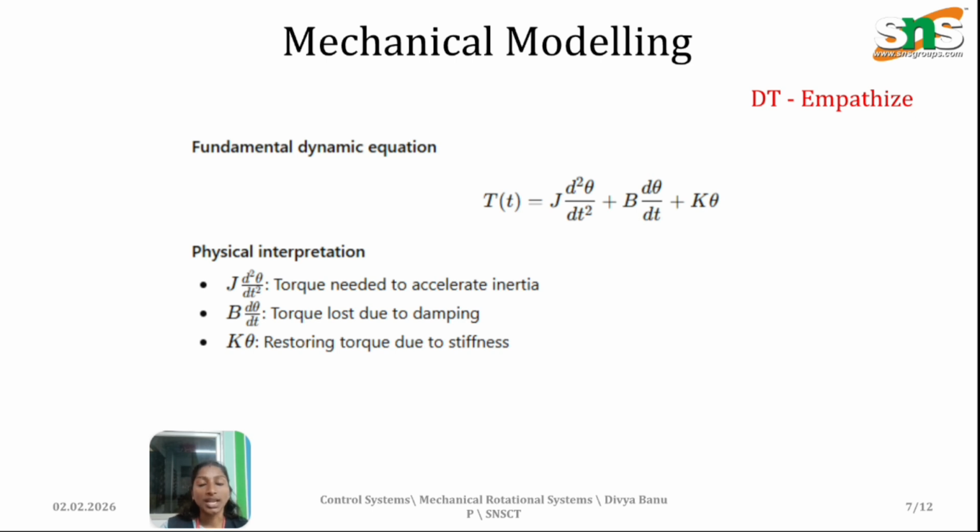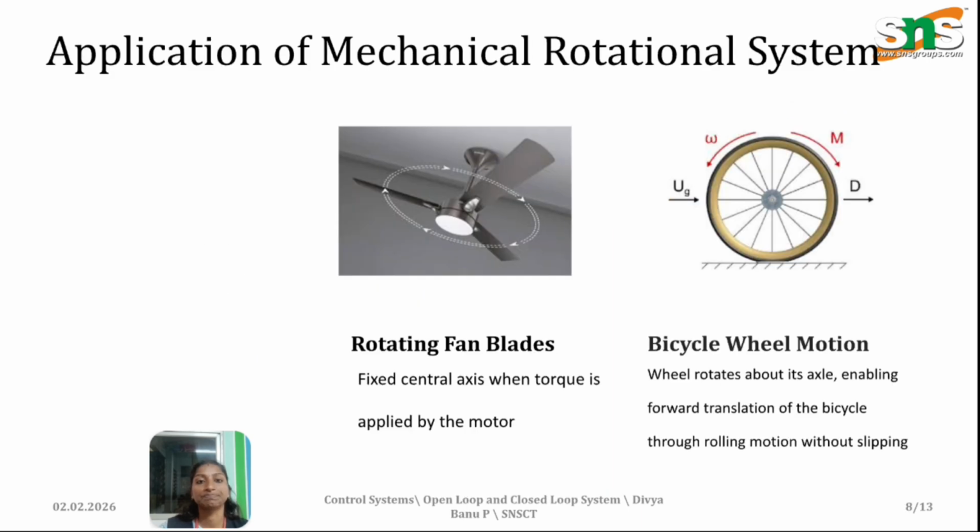J d square theta by dt square is the torque needed to accelerate the inertia, whereas B d theta by dt is torque lost due to damping. K theta is the restoring torque due to stiffness. We all know that a spring, when we drag it, again moves to the same position. So it is restoring torque due to stiffness.